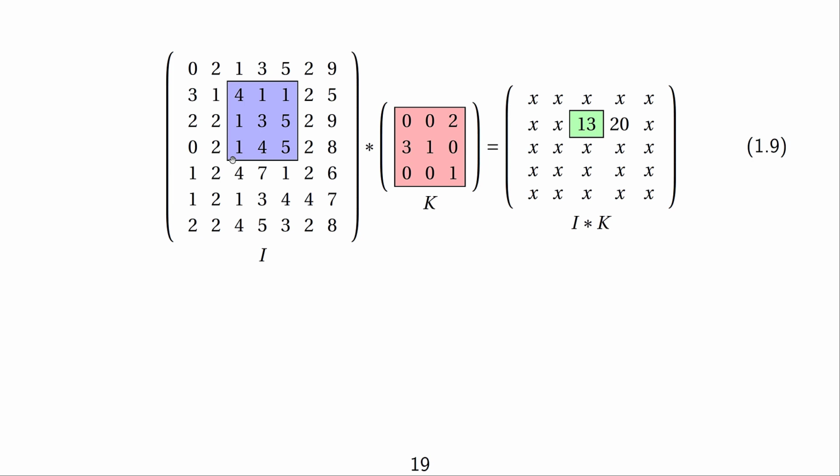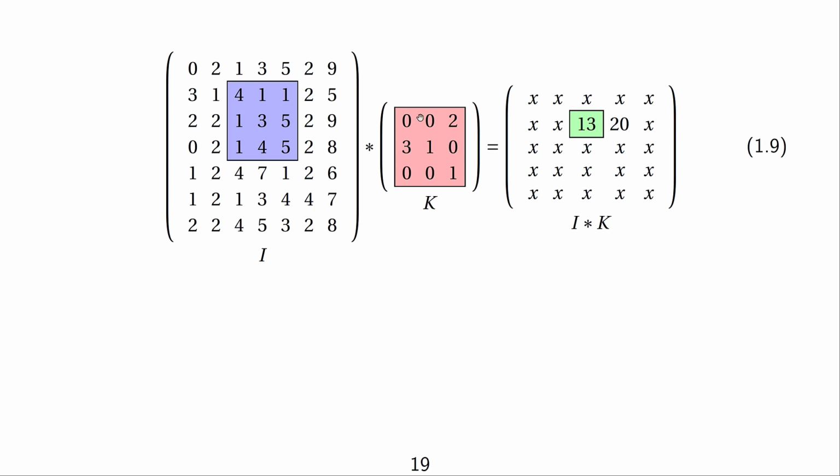All right. So now, in order to compute an output value, I will take the product between the values that are overlaid and then sum up each of these individual products.